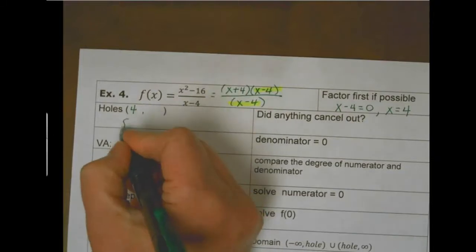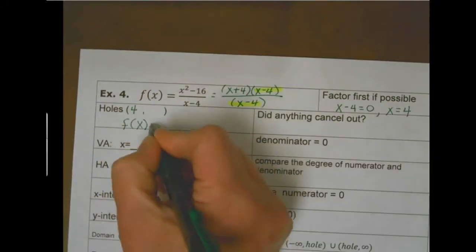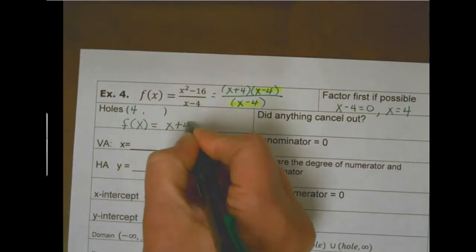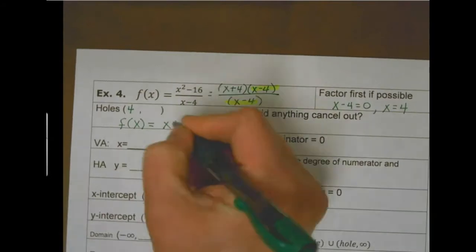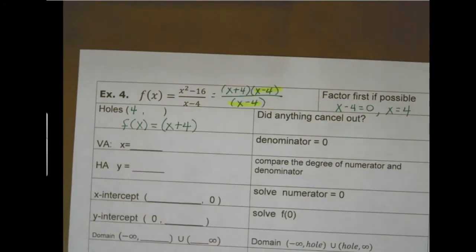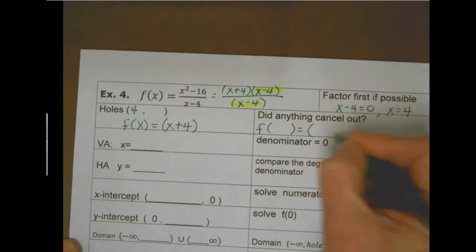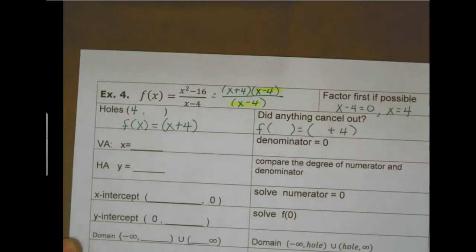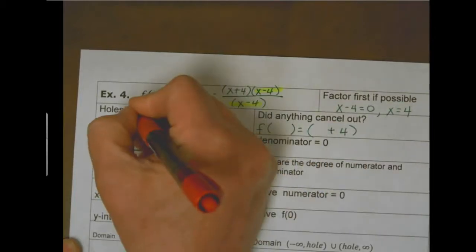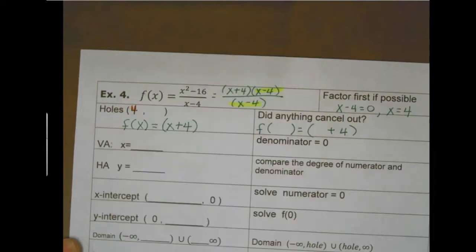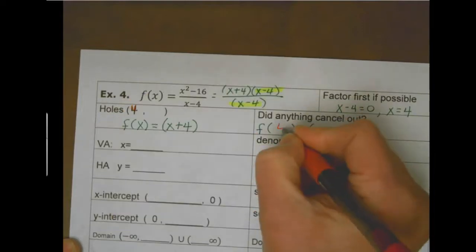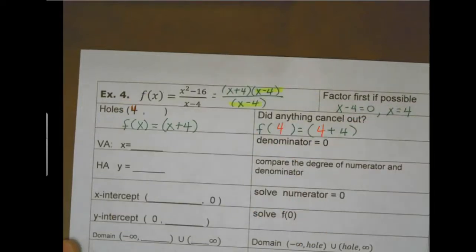To figure out the y part of the hole, you look at the equation, the part that did not cancel out. You know where I got that? That's the part that did not cancel out. So, in place of the x, I am going to put this 4 right here that I figured out yesterday. I hope we can do that without a calculator. What's 4 plus 4?